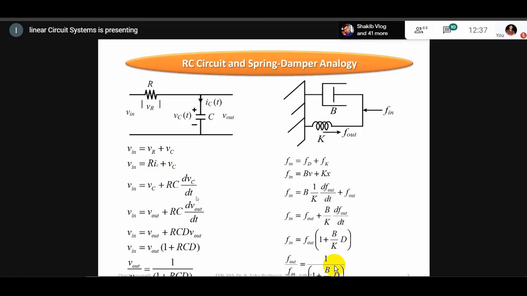Everybody remembers this relationship? It was discussed maybe in the first class or second class that IC, IL, VC, VL, those equations have already been taught. So here we just replace IC.